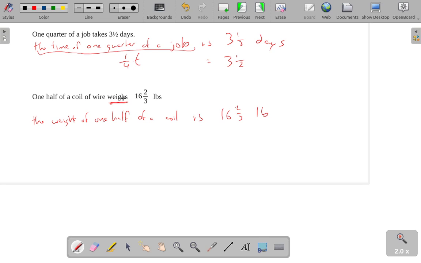So again, I rephrase this so that I can get the word is in there, and also so that I'm describing numbers. Instead of just saying 1/2 the coil weighs this amount, I'm talking about the weight of 1/2 the coil, because this means the weight of 1/2 the coil, this is going to be 1/2 the weight. Is, it gives me an equal sign, and 16 2/3, well, we already get that from there.